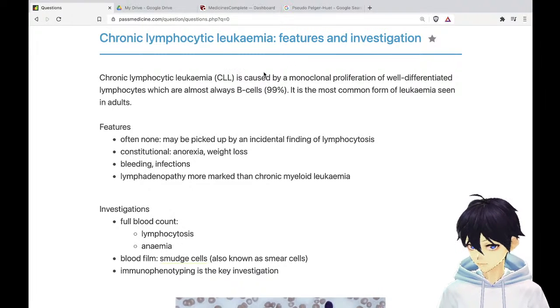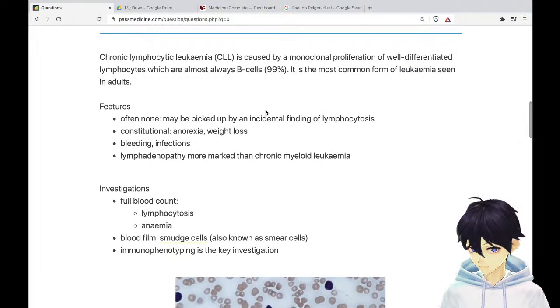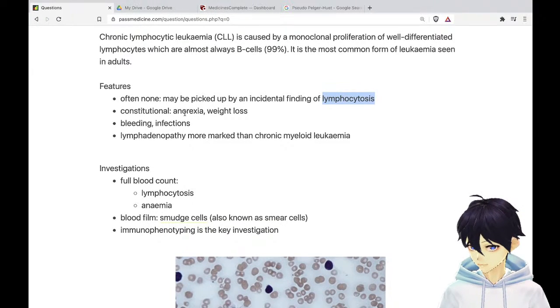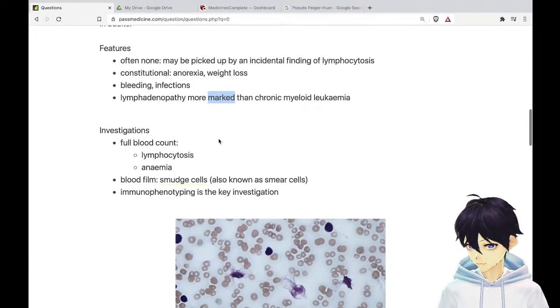So CLL is caused by monoclonal proliferation of well-differentiated lymphocytes, which are almost always B cells. It is the most common form of leukemia seen in adults. Features: often none, may be picked up by an incidental finding of lymphocytosis, constitutional symptoms, anorexia, weight loss, bleeding, infections, lymphadenopathy more marked than chronic myeloid leukemia.